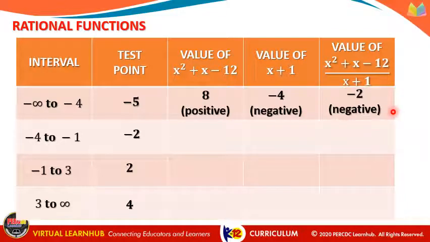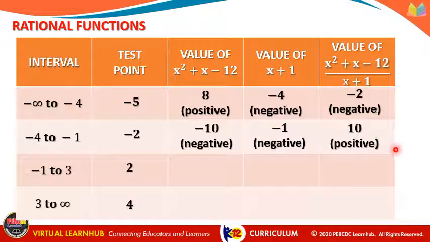Puntahan natin yung pangalawa. If x is negative 2, x squared plus x minus 12 is negative 10, and x plus 1 is equal to negative 1. Solving for the value of x squared plus x minus 12 over x plus 1, we will get positive 10. This means that if x is between negative 4 to negative 1, our expression is positive.